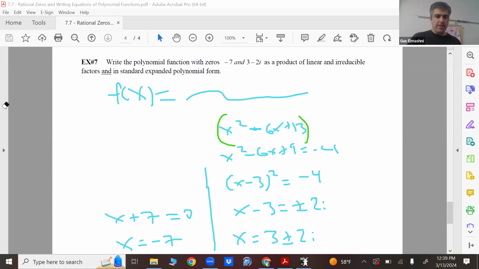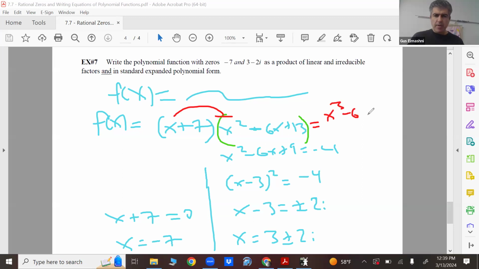And again, I got this. And you FOIL it. So that's x cubed minus 6x squared plus 13x plus 7x squared.